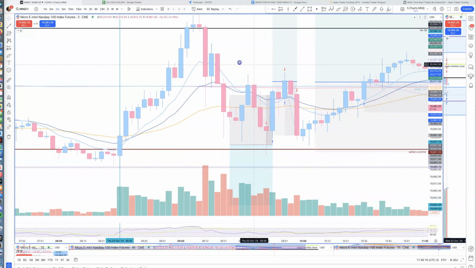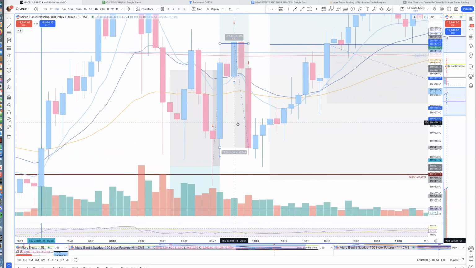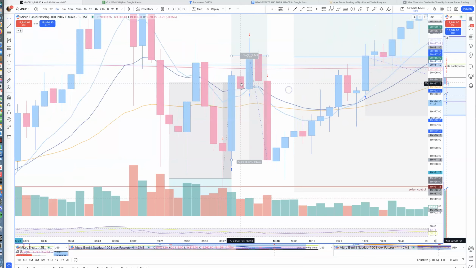Okay, so then we come up and we get this bear candle opening and closing above the 10 EMA. And here is the hourly 50 EMA. So you're like, well, price is still below that hourly 50 EMA. Why did you go long? Well, because when we're that close to the hourly 50 EMA, sometimes the bulls or the bears can just go ahead and flip the price in their direction.